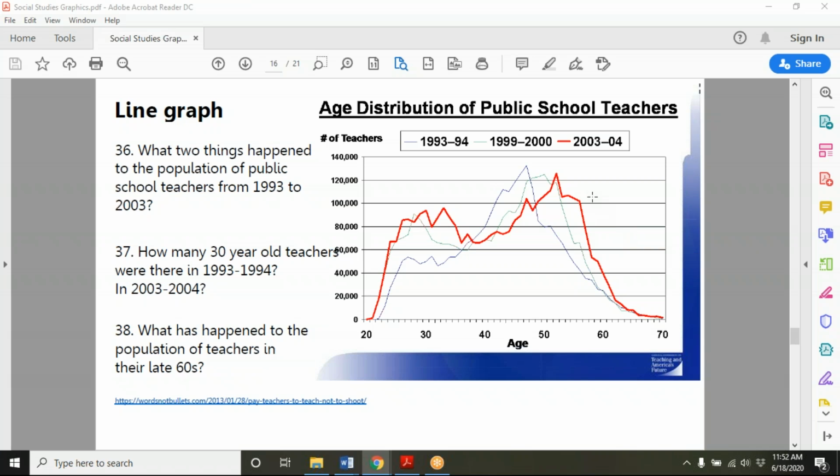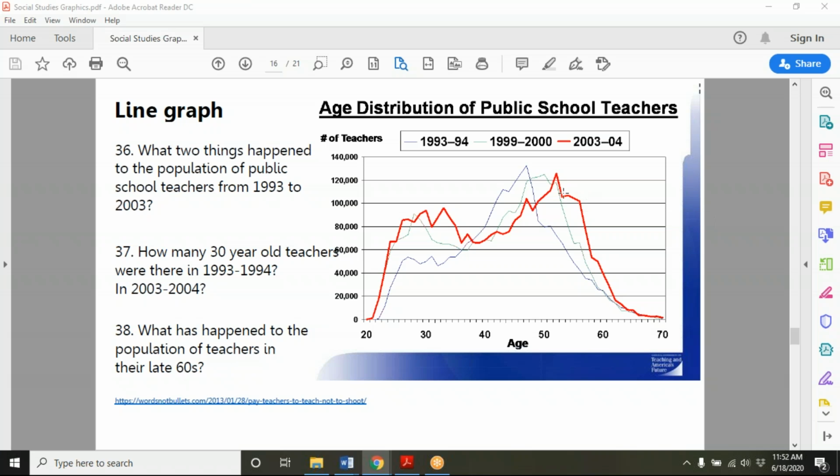In 2003, the peak age is higher than in 93. So that biggest number of people is a few years older in 2003 than the biggest number of people per year in 93. I don't want to make too big of an assumption. What we could say is there are more older teachers than there were 10 years before.